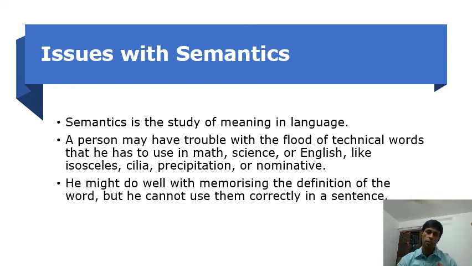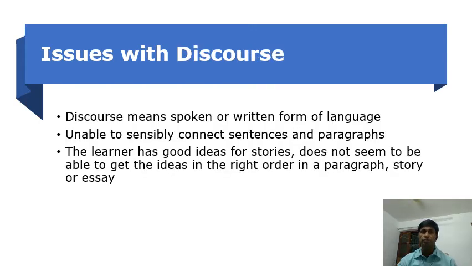Some students listen to a flood of technical words, and then they find it difficult. He might do well with memorizing the definition of a word but cannot use it correctly in a sentence. The definition may be easily grasped, but the word may not be used properly in a sentence.